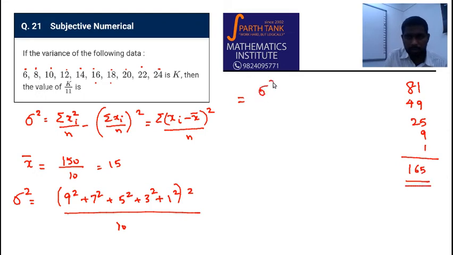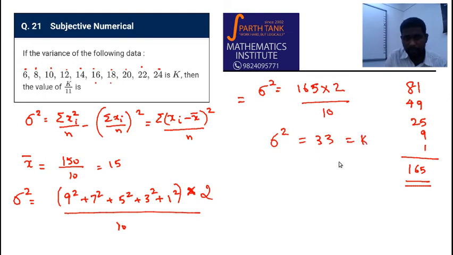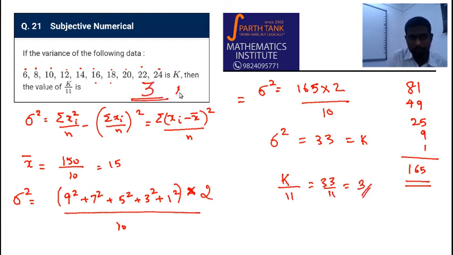So the variance is 165 into 2. It's not squared, it is into 2, upon 10, which is 33. They have said that the variance is k. Then they have asked k by 11, which is 33 by 11, which is 3. So the answer is 3.